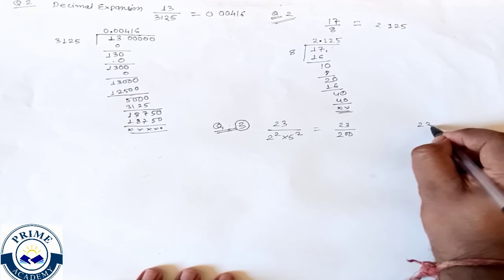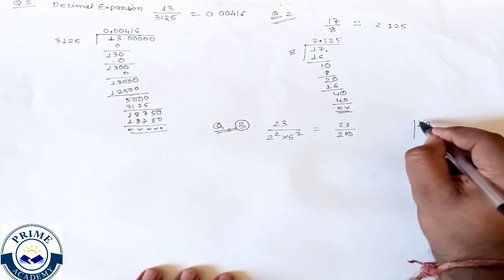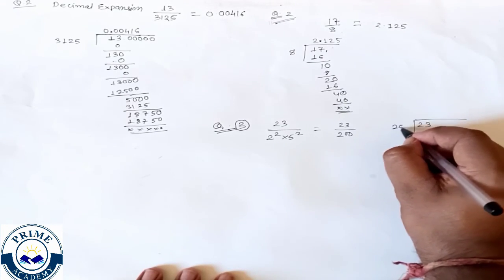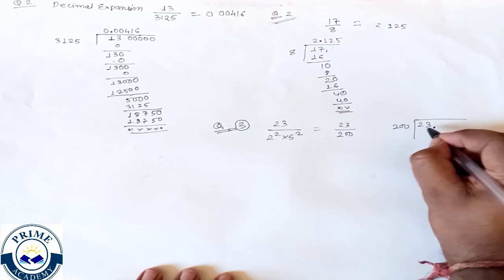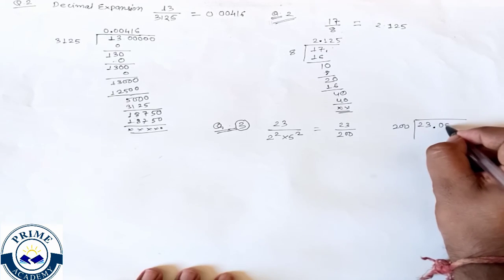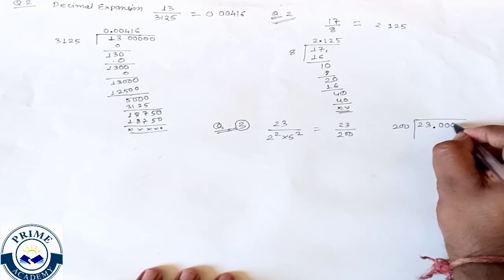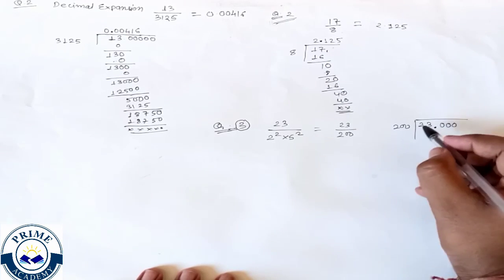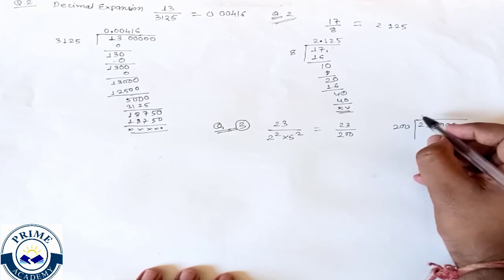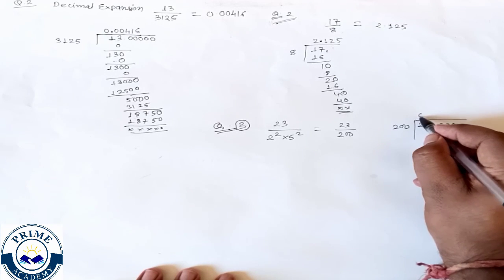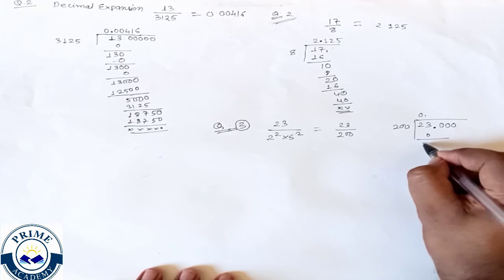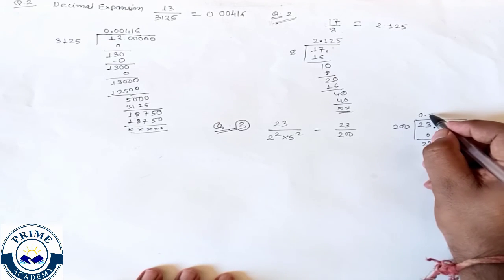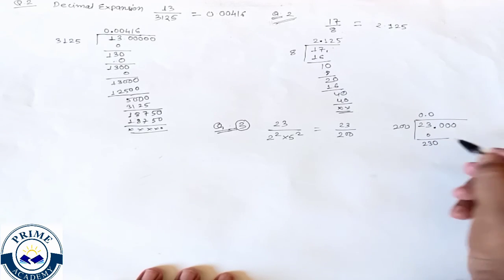So this is 23 and you have to divide it by 200. Whenever this kind of thing comes, this is the smaller one, this is the bigger one, you just put zeros. So this is smaller, so I have taken 0, right? This will be 23, you put 0 over here, you will get 0.